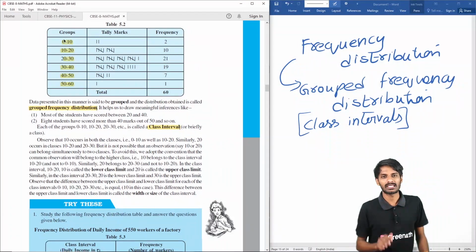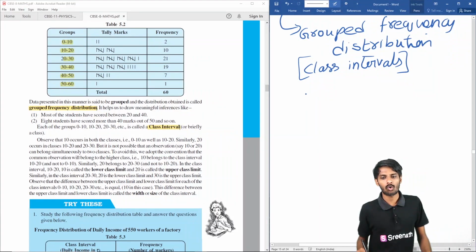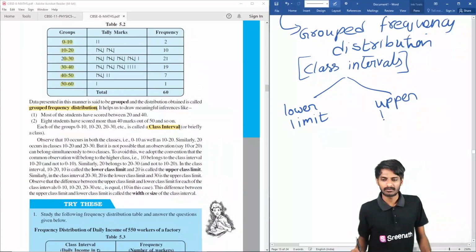If you see, 0 to 10 is one class, 10 to 20 is another class, 20 to 30 is another class interval, students. These class intervals have limits: lower limit and upper limit. Here we have the lower class limit and the upper class limit, students.